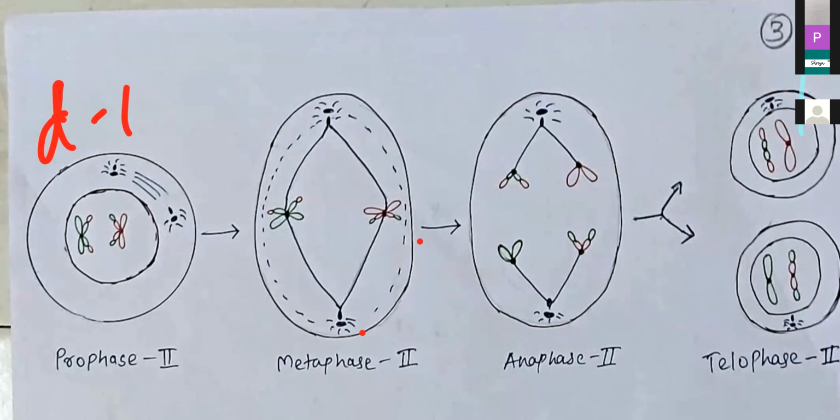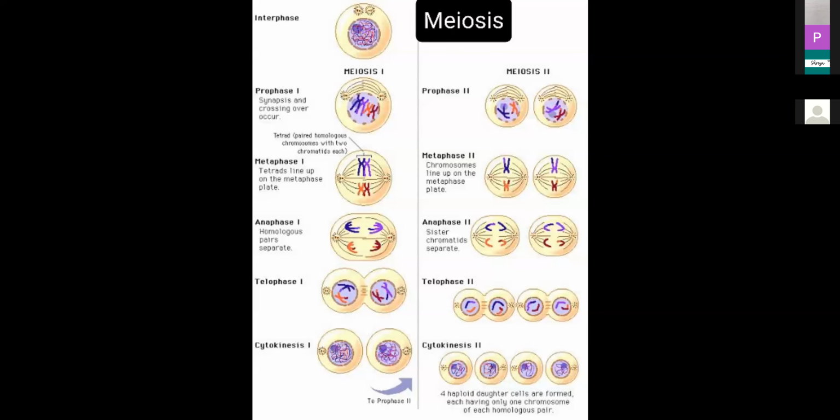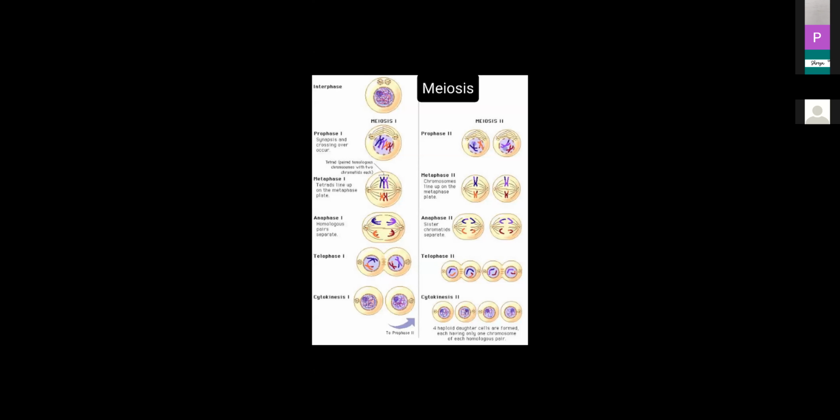So same happens with the other daughter cell also, D1, D2. And there also two more cells will be formed. So altogether 4 cells will be born at the end of this entire process. The tetrad of the cell comes into existence at the end of this entire process.